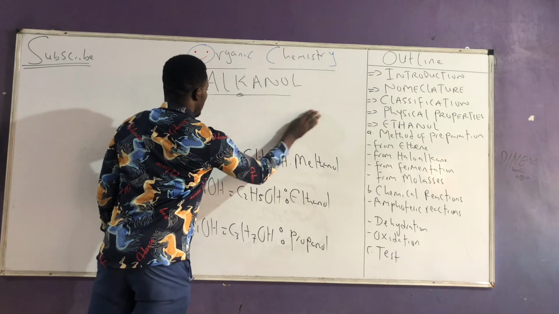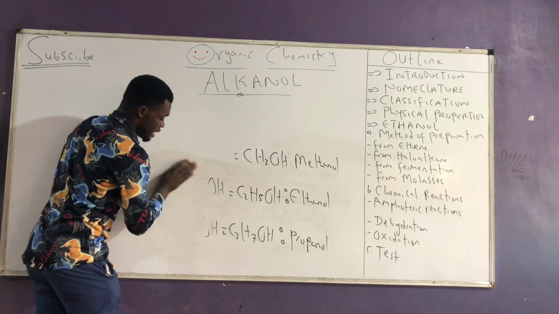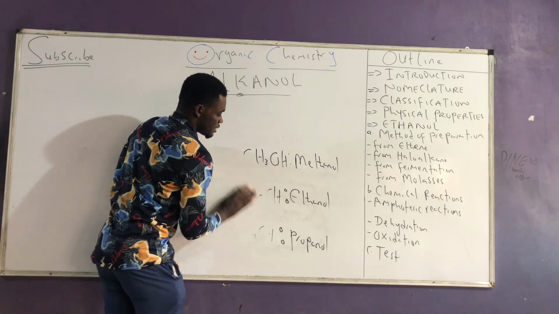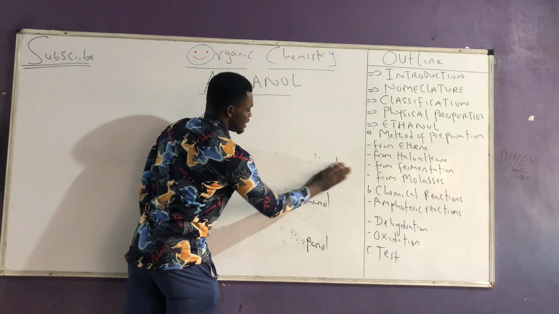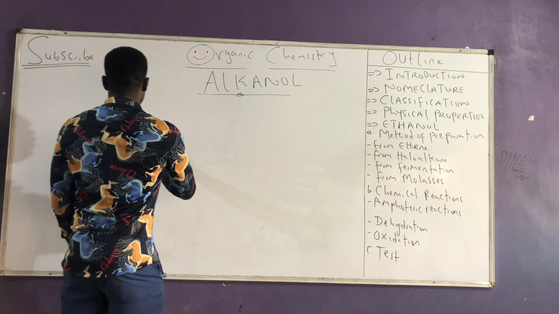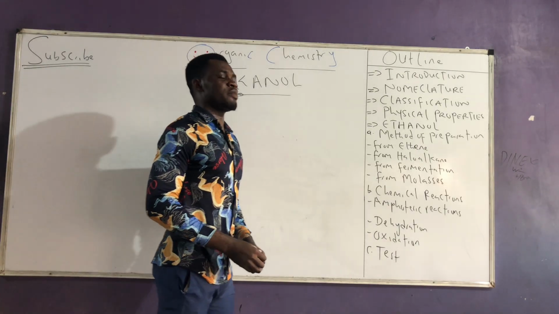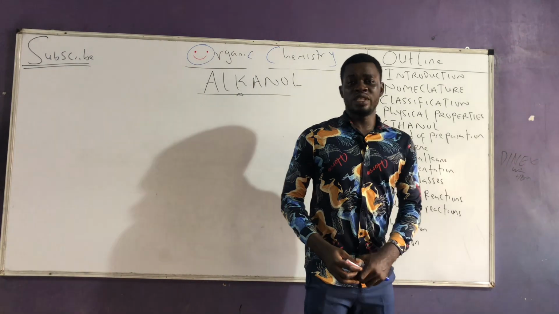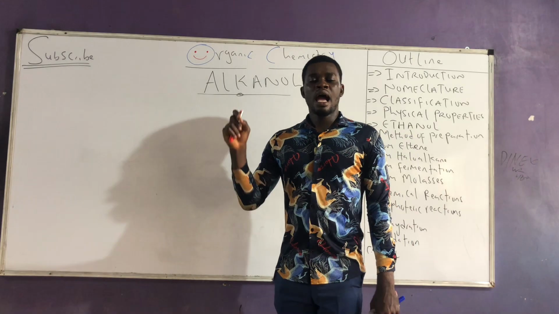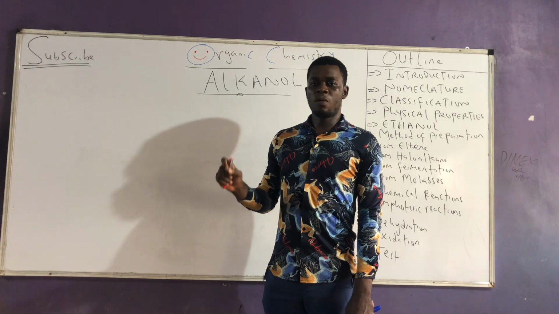Now, the nomenclature of alkanols is very unique. However, like I've said before, nomenclature is an integral aspect of organic chemistry, so much so that there is almost no single homologous series in organic chemistry that you will not be required to name. So please go back and watch our videos under nomenclature of organic compounds.